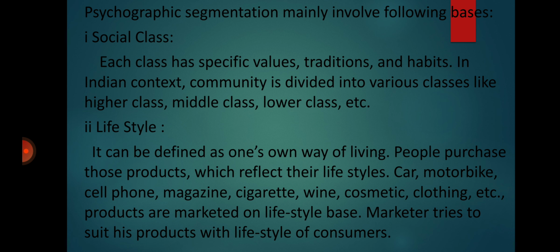Next one is lifestyle. Lifestyle can be defined as one's own way of living. People purchase those products which reflect their lifestyles. For example, car, motorbike, cell phone, magazine, cigarette, wine, cosmetic, clothing, etc. So these products are marketed on the basis of lifestyle of the customer.